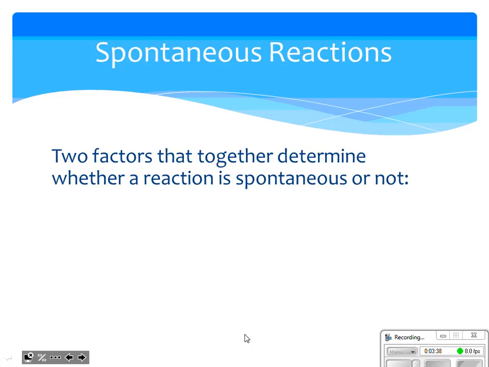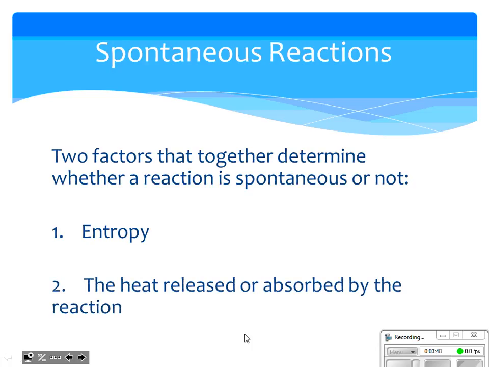We have two factors that determine whether a reaction is spontaneous or not. The entropy, which was the S, and the heat that was released or absorbed by the reaction, which is the enthalpy.